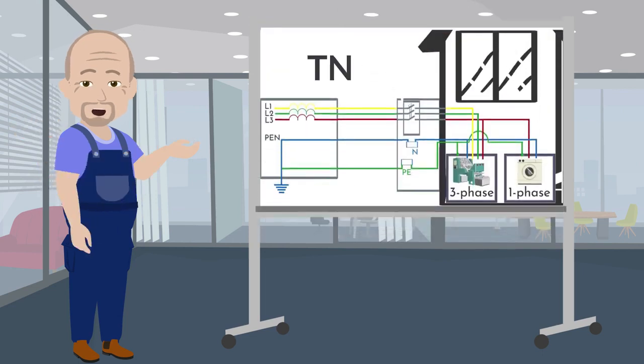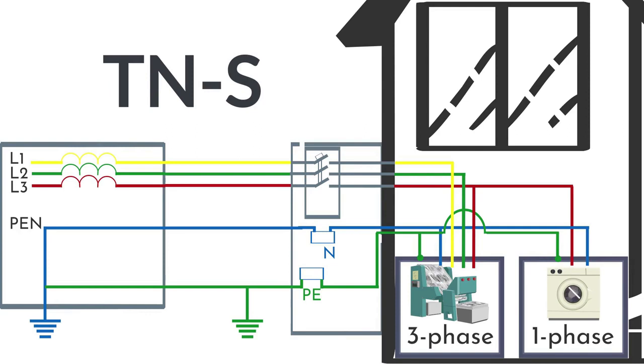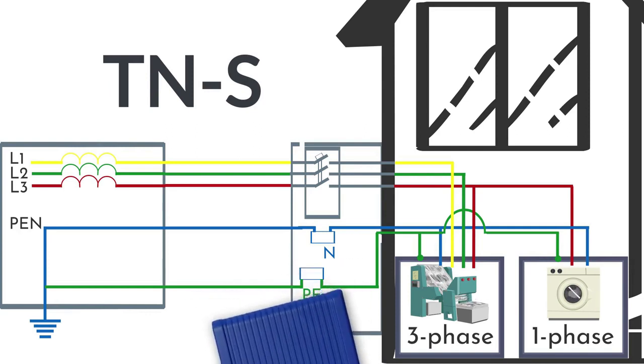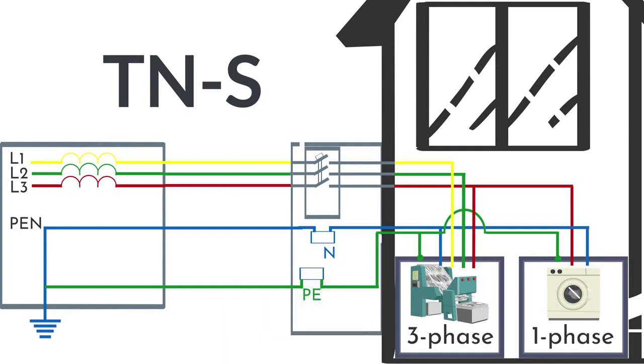Now let's talk about the TN-S system. It is the safest power supply system, where zero protective and zero working conductors are separated along the whole length of the circuit, since the separation of 2 neutrals is carried out in the transformer substation. 3-phase voltage is supplied via 5 wires, while single-phase voltage is supplied by 3 wires.